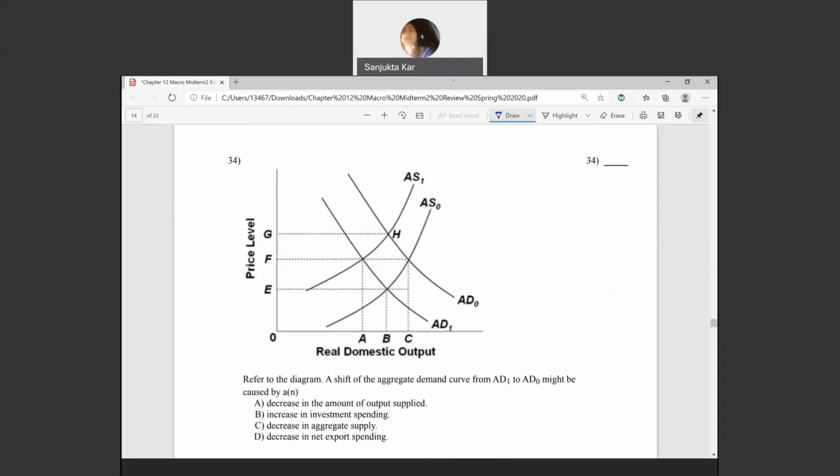It says a shift of the aggregate demand from AD1 to AD0. That means it's shifting to the right here. This can be caused by what? I look at the answer choices. This can be caused by an increase in investment spending. So if any of this increases, the aggregate demand curve is going to shift to the right.